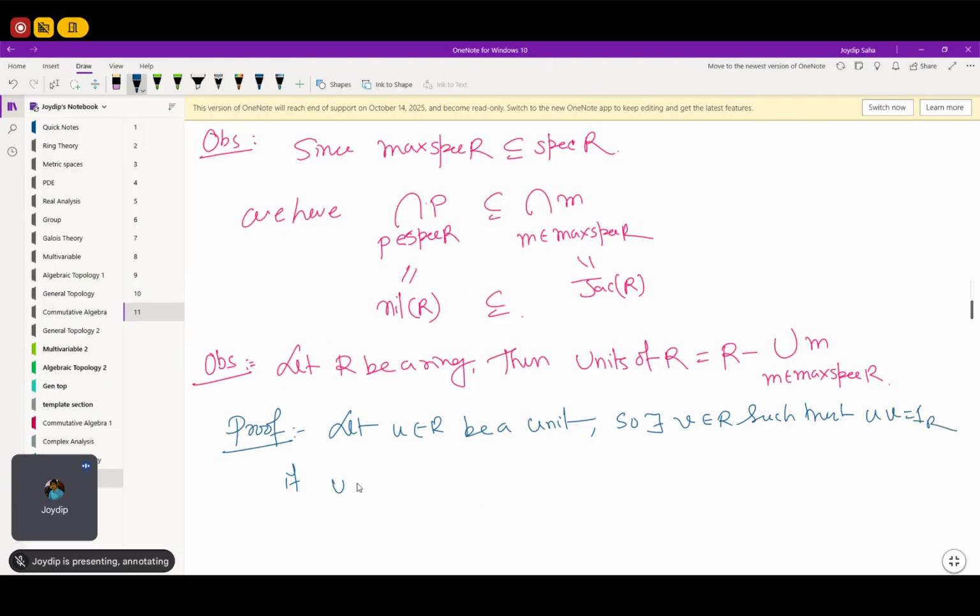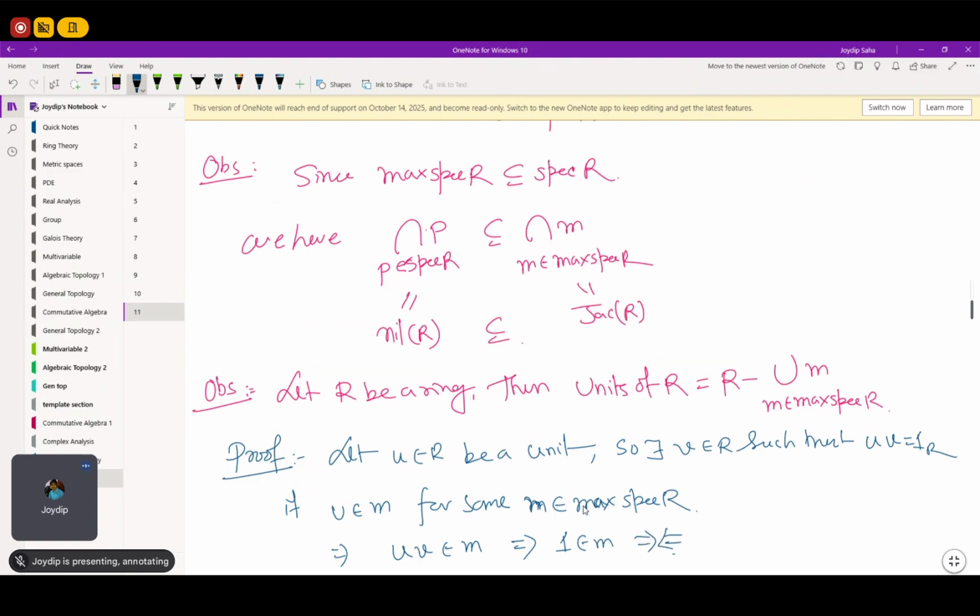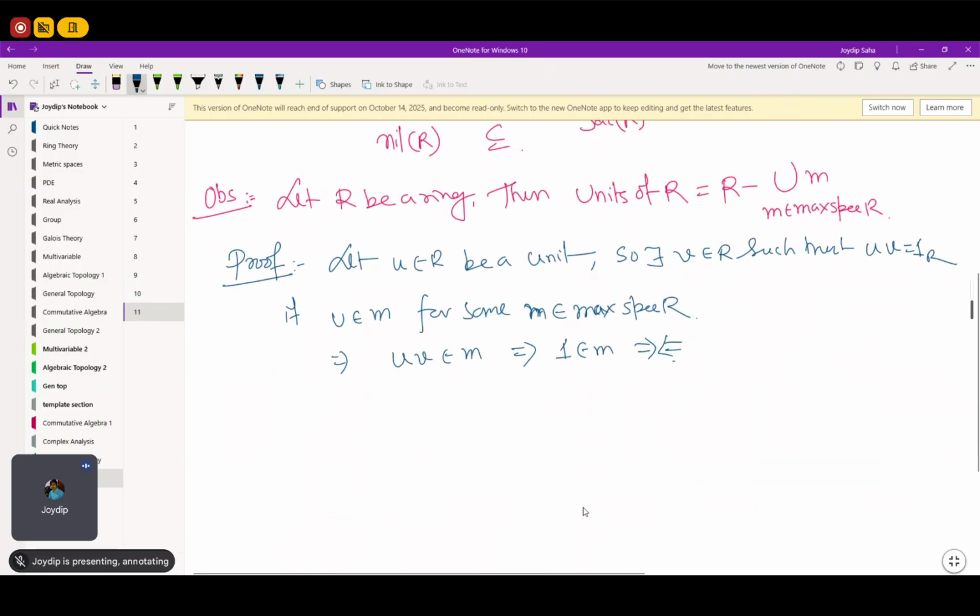If u belongs to M for some M in Max Spec R, this implies uv belongs to M by properties of ideal. So 1 belongs to M, a contradiction, because M is a maximal ideal. So it is proper and maximal.